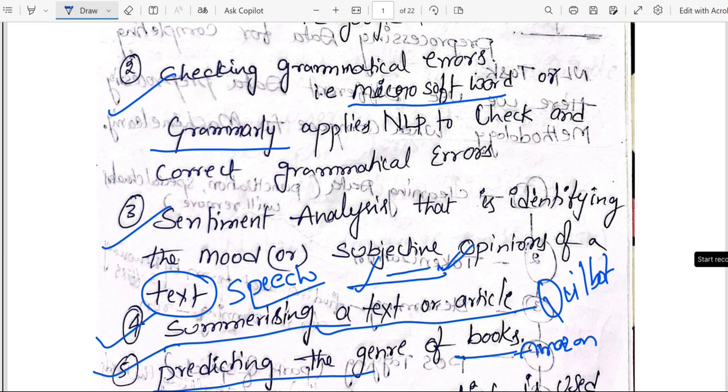How? By analyzing those 100 lines of text, it will produce an output like a summary of 10 lines or so. The best example here is QuillBot. I think everyone knows QuillBot, those who are doing projects know it.